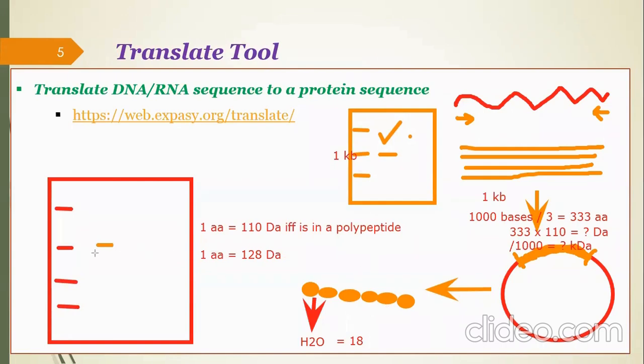But how could I determine this band from the DNA sequence? Simply multiply that with 110, which gives the Dalton, and after that divide by 1000, which gives the kilodalton. And if we run that on a gel, we can assume the size of our band.